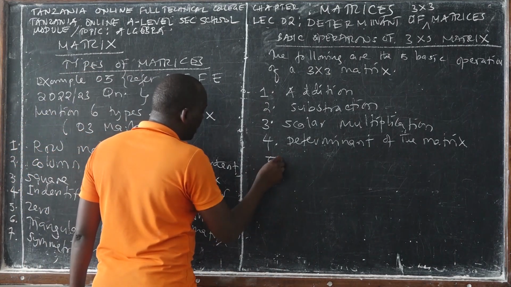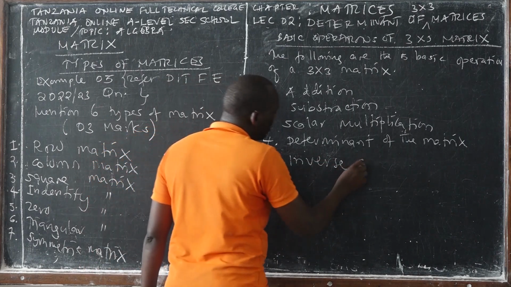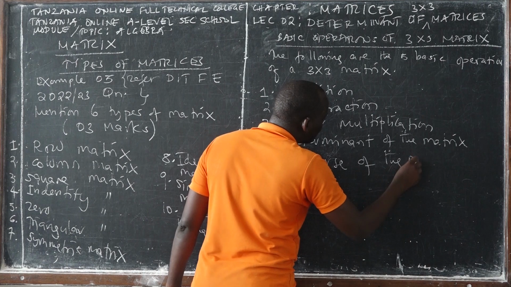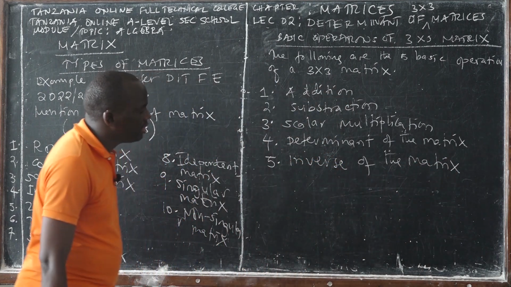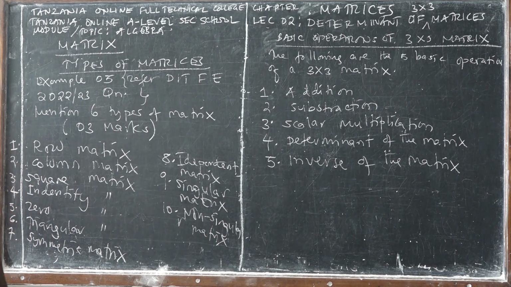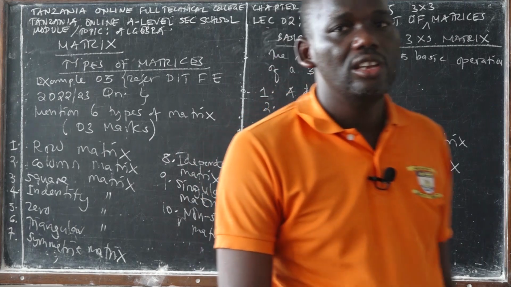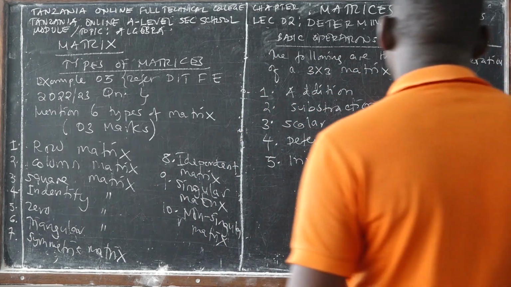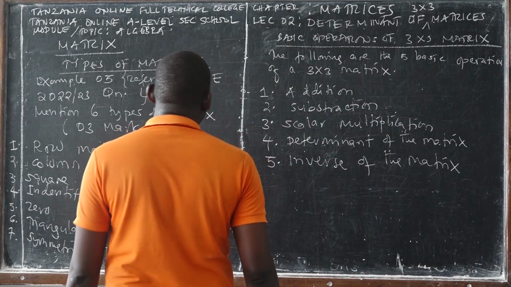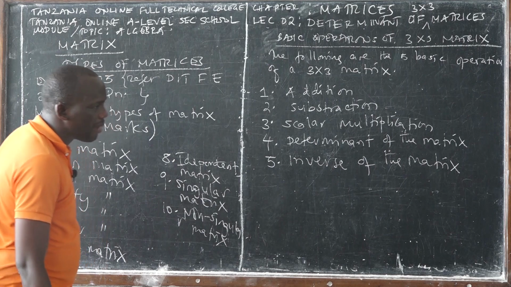And after that, number 5 is the last one: inverse of the matrix. So we can find the determinant of the matrix, perform scalar multiplication, subtraction, addition, and we can also find the inverse of the matrix. So today we'll be focused on the determinant of 3 by 3 matrices.